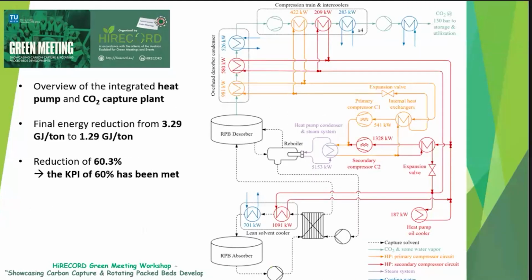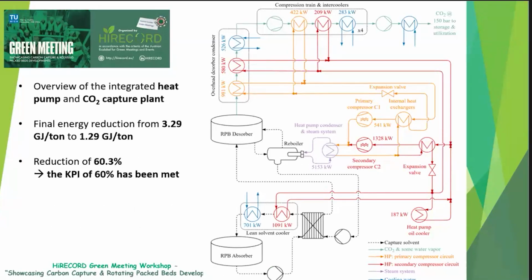This is my last slide, which shows the product of the work within the High Racket project. This shows the integrated heat pump and CO2 capture plant. Here in the bottom left, in the dashed black lines, we have the capture plant or the solvent loop, and then the purple section in the middle shows the steam system, which is rather small.